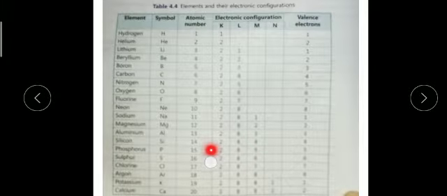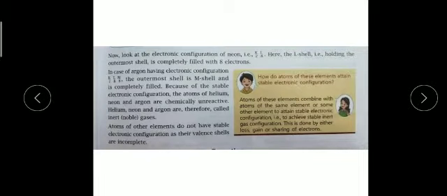In case of neon, atomic number 10, 8 is completely filled, and in case of argon, atomic number 18, 8 is completely filled in the outermost orbit. So, these three are the noble gases and are unreactive. They are already stable, they cannot react with any other metal or non-metal.